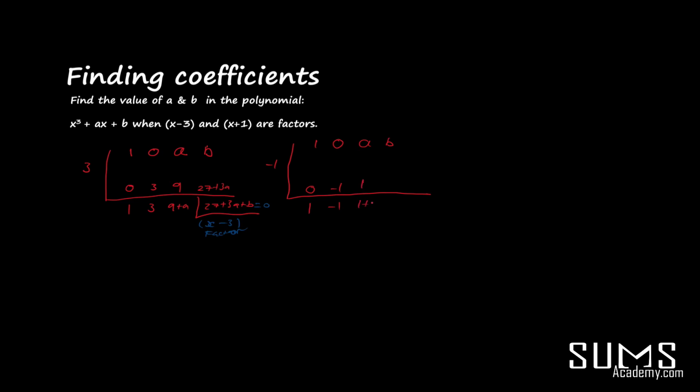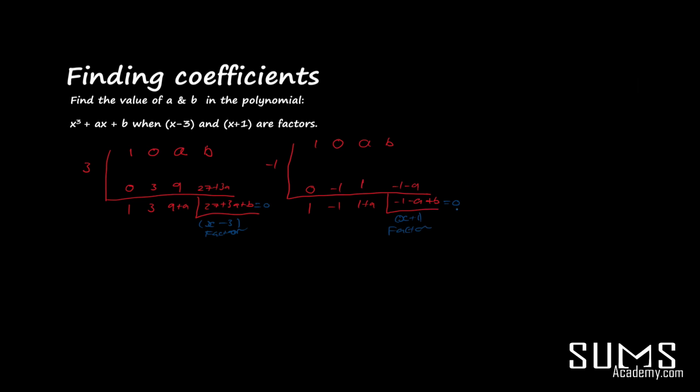So 1 plus a, then up here it's going to be negative 1 minus a. So our remainder is going to be negative 1 minus a plus b. And this again is equal to 0, because x plus 1 is a factor.